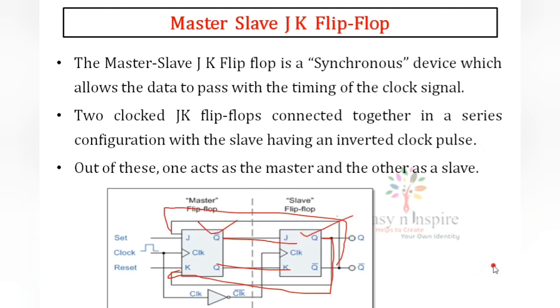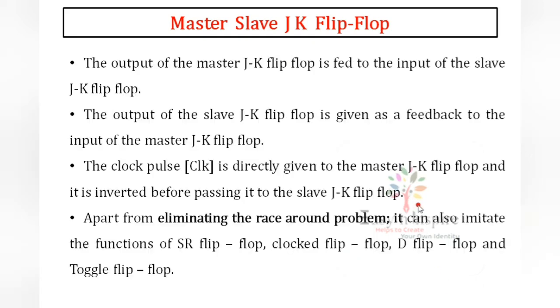This is the master-slave JK flip-flop configuration. The output of master is given to slave as input. The output of slave is given to the input of master as feedback. Clock pulse is directly given to the master. Listen here.